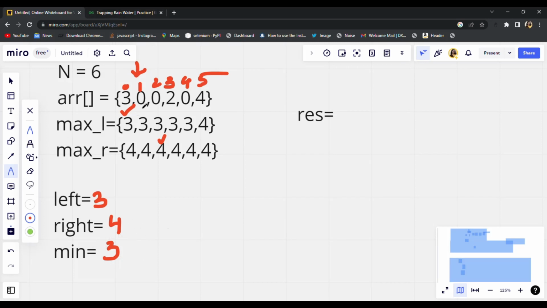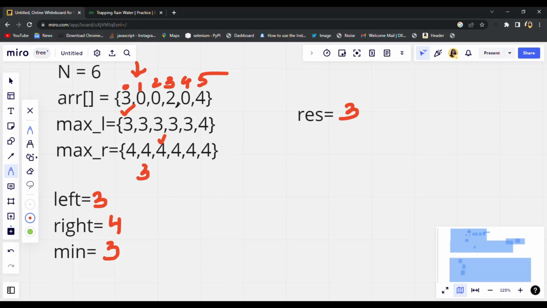We can store water up to height 3, but what is the height of the current block? It matters, right? So 3 minus 0 is 3. So we can store water up till the height of 3. Okay, over here. So we can write it over here, it will be better. At last we are going to add it.